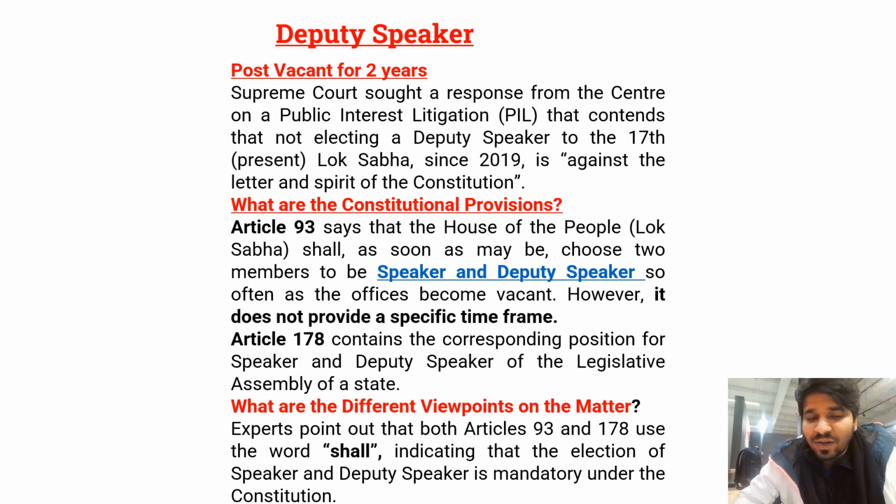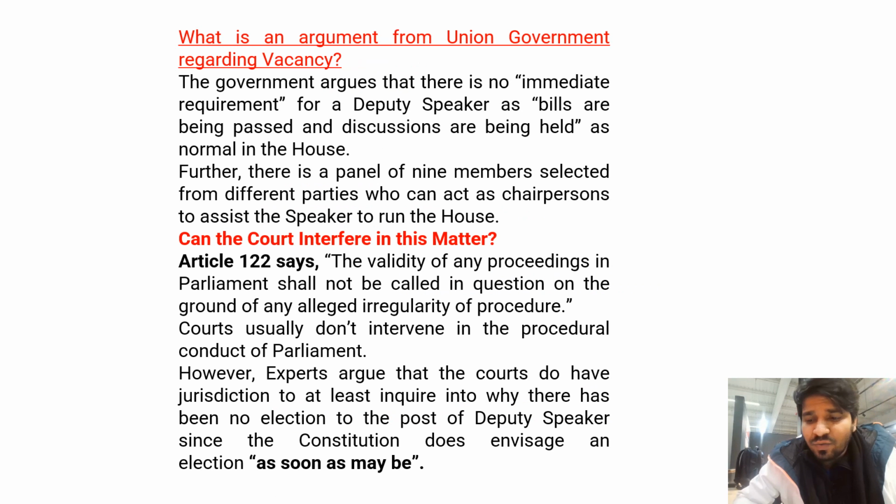And Article 178 is the counterpart of the same for the state legislative assembly. Since Article 93 includes the word shall, people say it means the appointment of deputy speaker is mandatory, right?